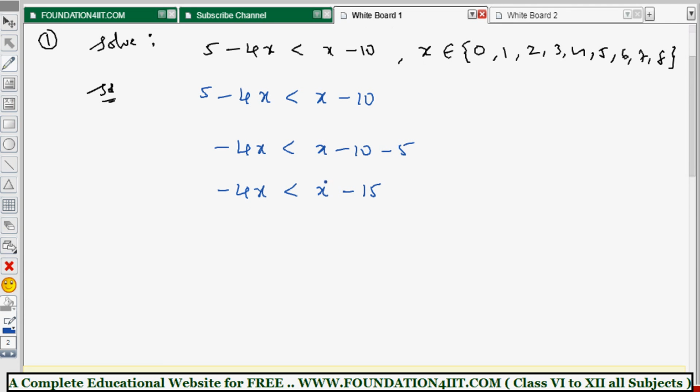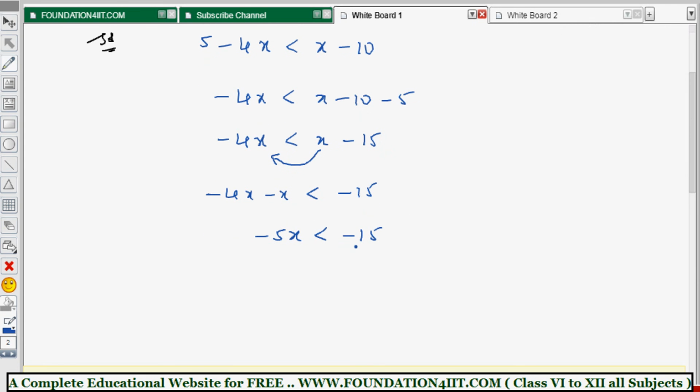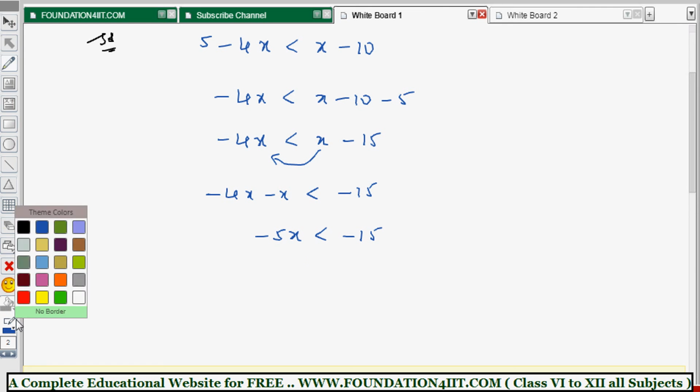Now this is a positive x, so we can subtract x on both sides. Minus 4x minus x, less than minus 15. It becomes minus x, so minus 4x minus x is minus 5x less than minus 15. Now when we multiply by minus 1 on both sides, we should change the sign.